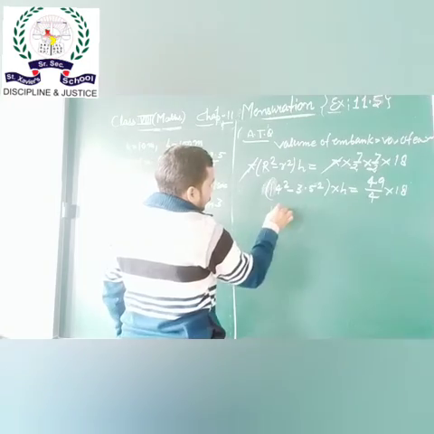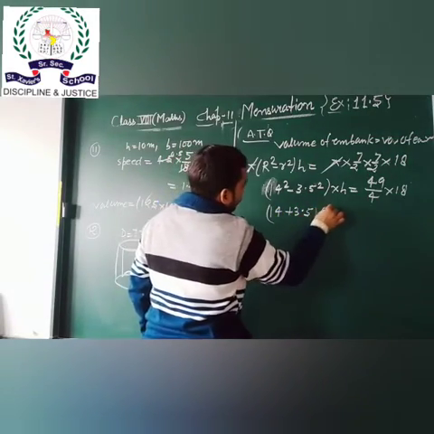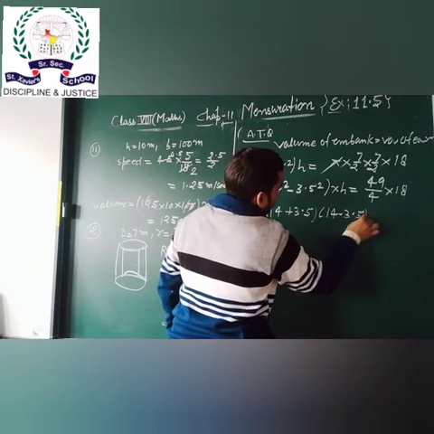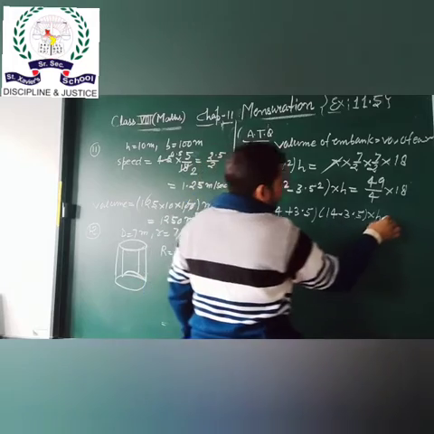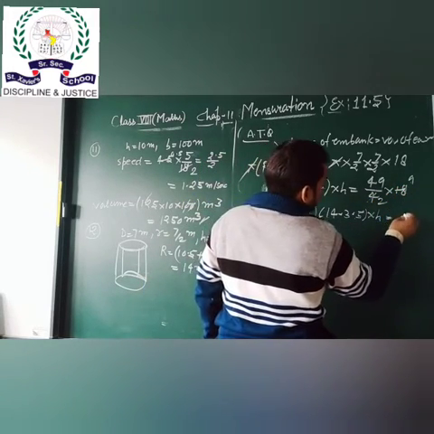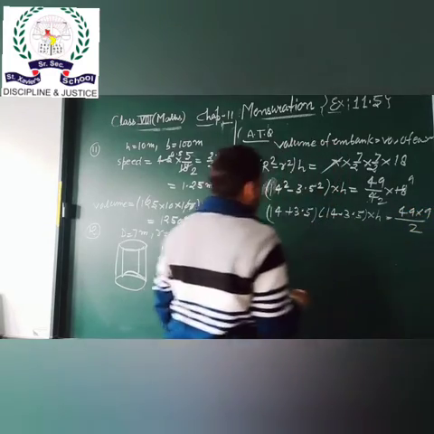Then solve 14 plus 3.5 and 14 minus 3.5. Into h equal to 2 ja 4, 2 9 ja 18. 49 into 9 upon 2.